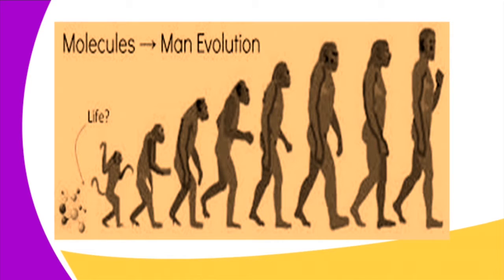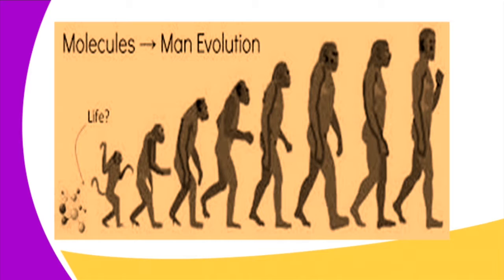Look at the demonstration of the evolution. You see man has changed from a molecule, a very simple life form, to the man that you see today. Life began from a very simple life form and progressed to a more complex creature.